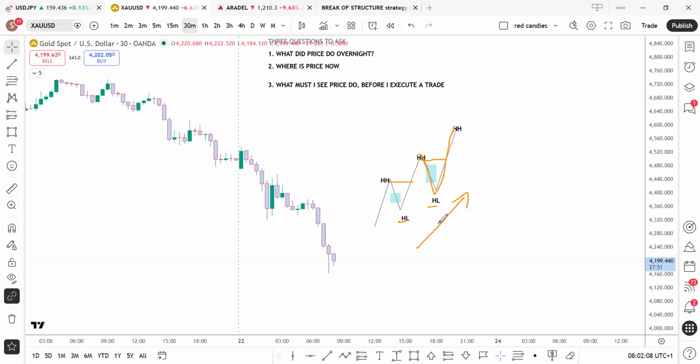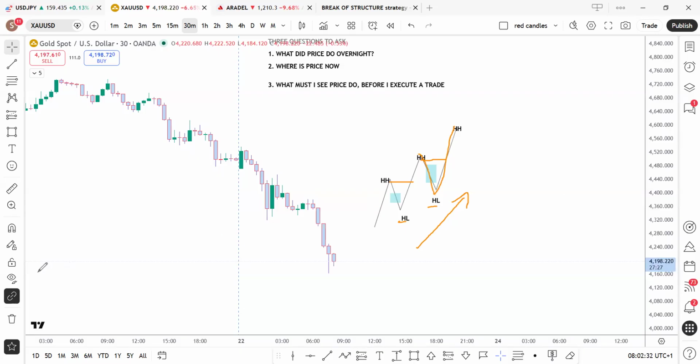If it's giving us a series of lower lows and lower highs, then we say price is moving downwards. If price is not giving us any of these, then we say price is moving sideways or consolidating. Some people call it consolidating, but the nomenclature doesn't matter. It's for you to know what that pattern is. That's what is more important.